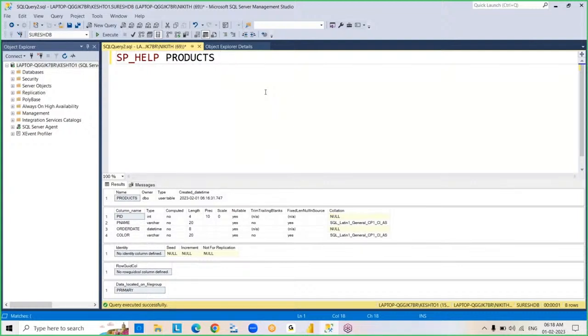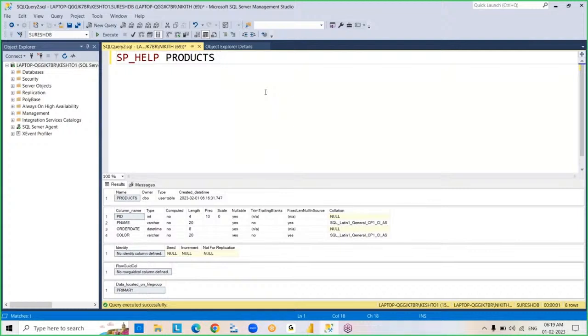So next, sp_help is a system stored procedure. It is not a DDL command, because now we are working with DDL commands.